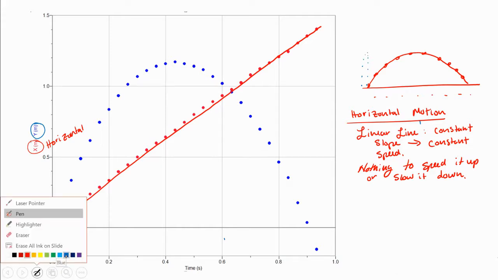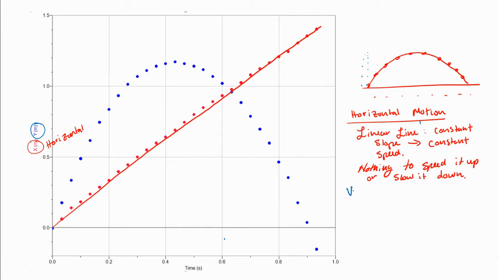So let's take a look at the vertical motion. It's curved. Curved means the slope is changing, which means the speed is changing, which means we have acceleration.